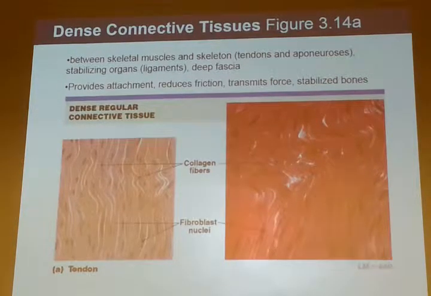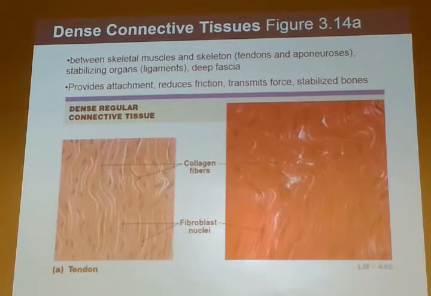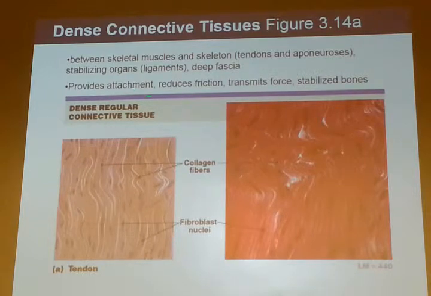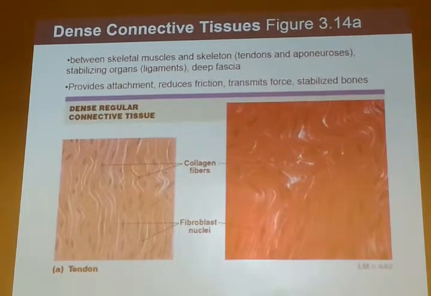It keeps infections that are in one area from getting to deeper structures, or if it's already deep, it prevents things from getting out to more superficial areas. It provides attachment, reduces friction. Well, not by itself.